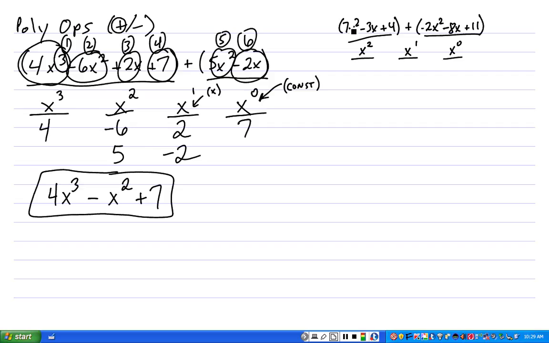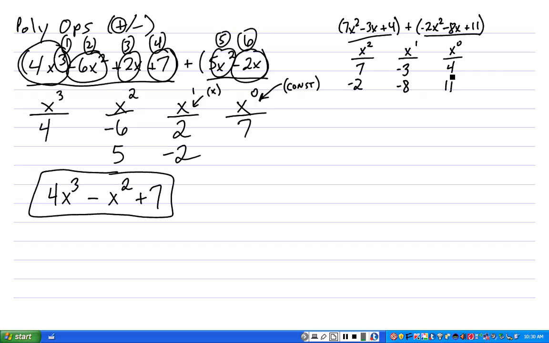So x squares. Notice here I have a 7x squared, so I write my 7. And over here I have a negative 2x squared, so I write my minus 2. For my x's, I have a negative 3, so I write that, and over here a negative 8. And for my constants, x to the 0, I have a positive 4 and a positive 11.